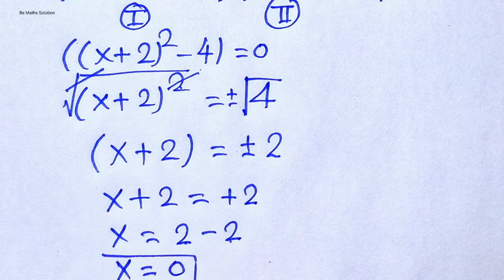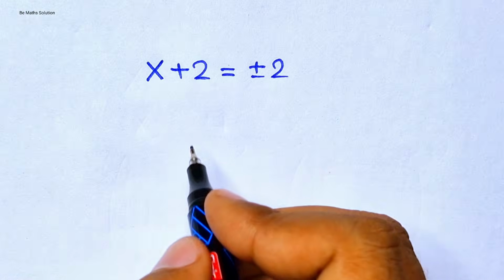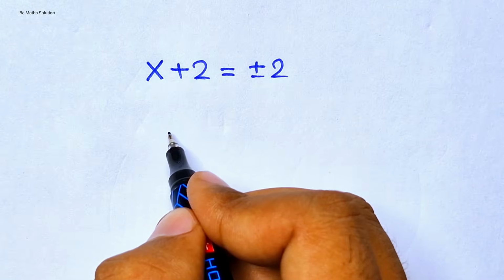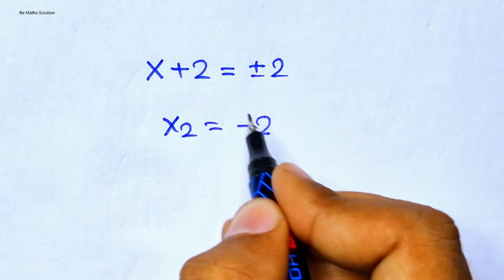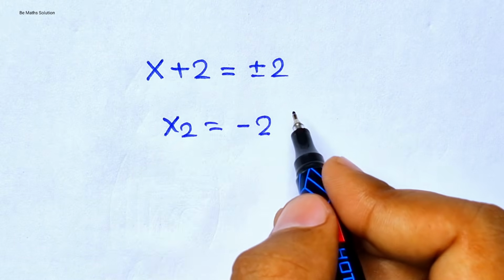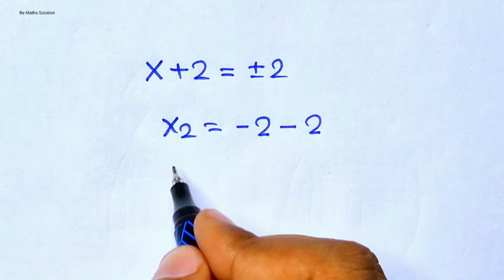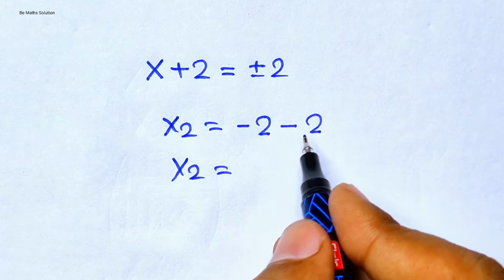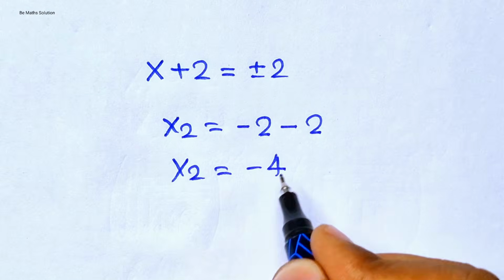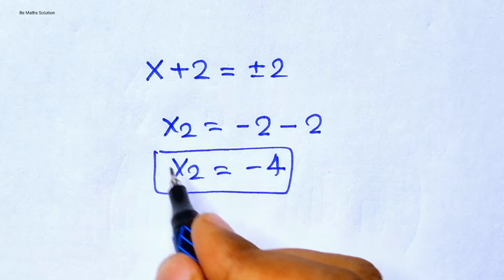So the first solution is the value x1. Now for the second solution, x + 2 is equal to minus 2. We take this 2 to the right side: minus 2 minus 2. So x2 is equal to minus 4.